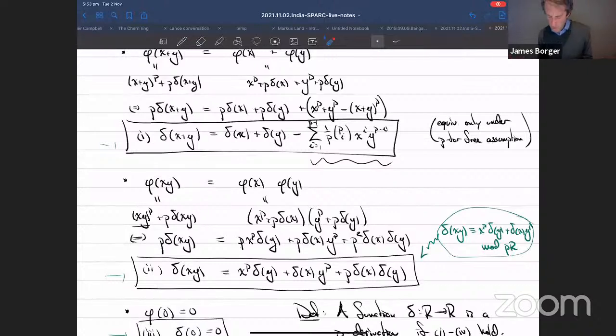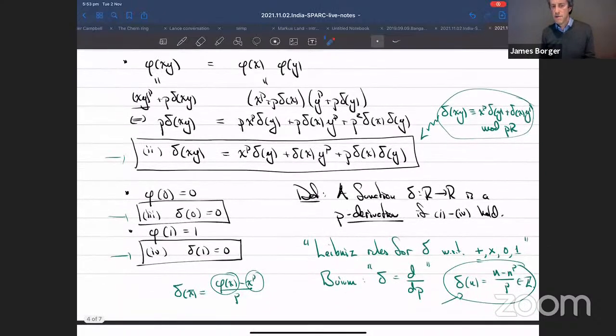The point is, I'm sure it's true, although I haven't checked it myself, that these basic ones involving addition, multiplication, 0, and 1 suffice, because a polynomial expression is generated by addition, multiplication, and 0 and 1. Any identity that delta satisfied in the p-torsion-free setting would come from these basic ones.